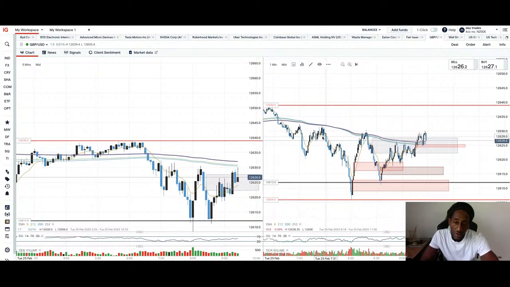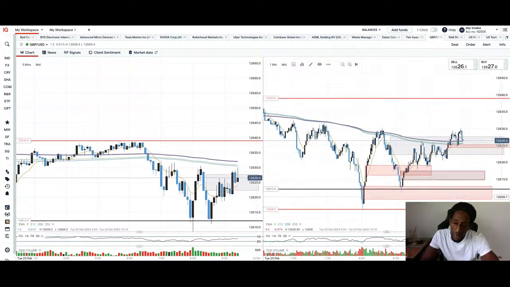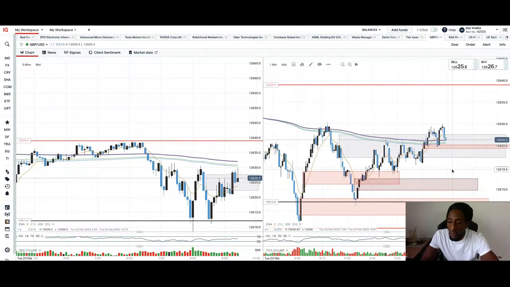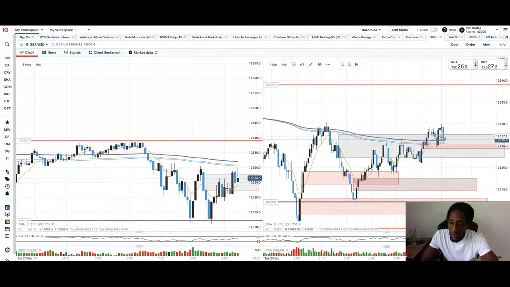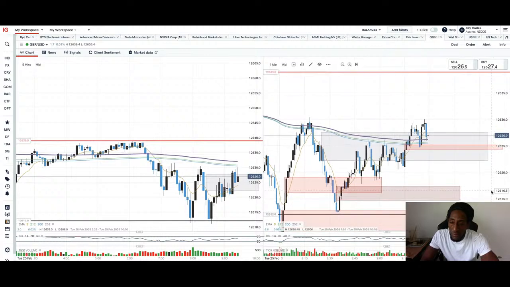There's resistance here, so it's where the price is all getting caught up now. So this fair value gap got inverted straight away. Price action is not very nice at all at the moment. It doesn't look good at all.